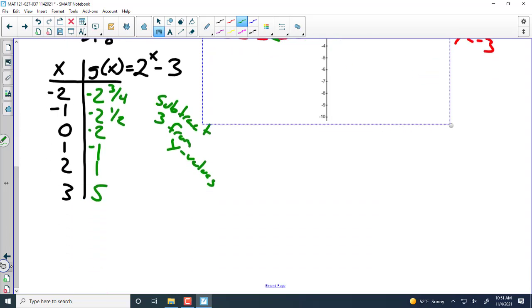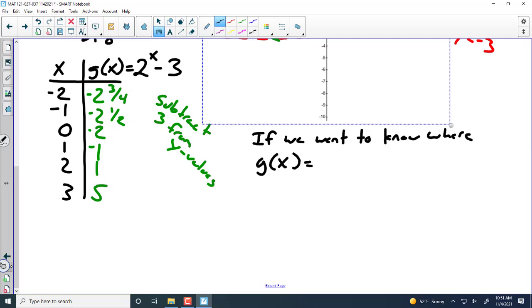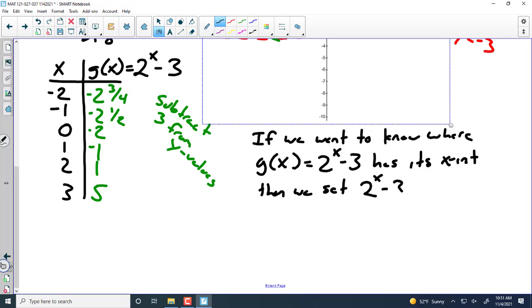Because if we want to know where g(x) = 2^x - 3 has its x-intercept, then we set 2^x - 3 equal to 0 and solve for x.